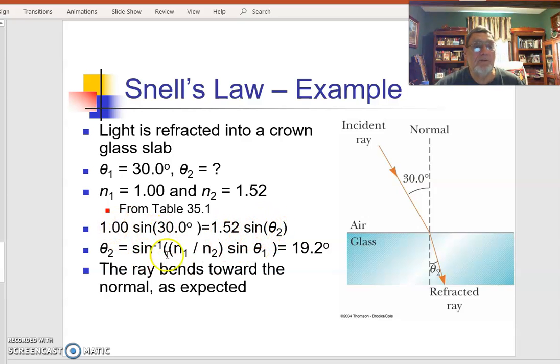So I can solve for sine theta 2. You first take 1 over 1.52, take the sine of 30, multiply, get a number, and then you'll take the inverse sine of that number. If your calculator's in degrees, which you'll need to be careful of on the test and on the homeworks, then you'll come out with the refracted angle, and notice that it came in at 30 and it bends out at 19.2 degrees.